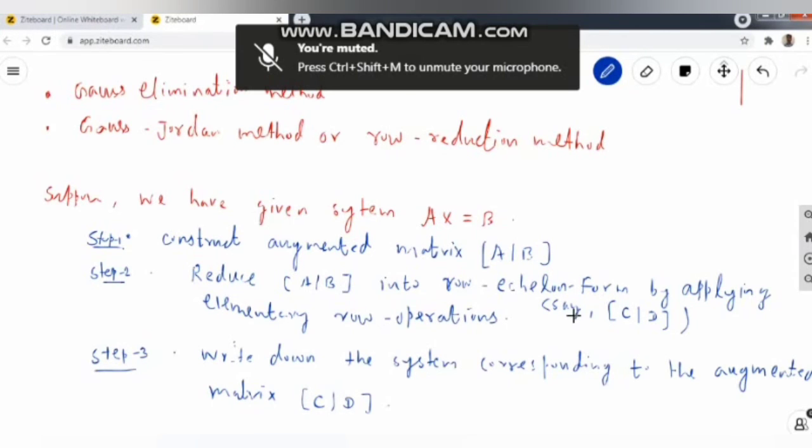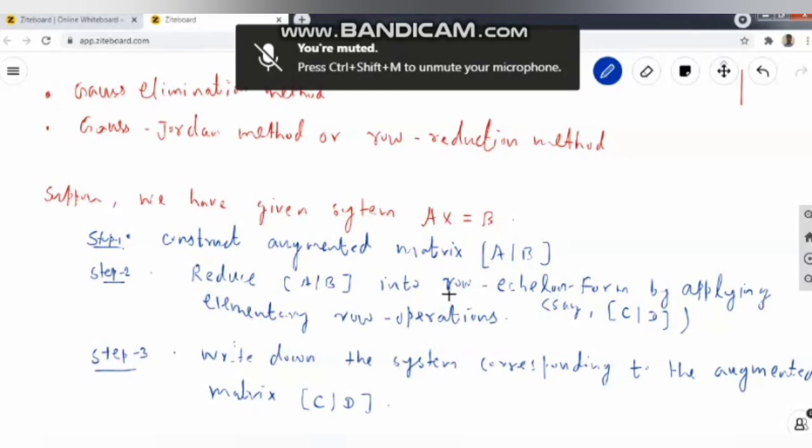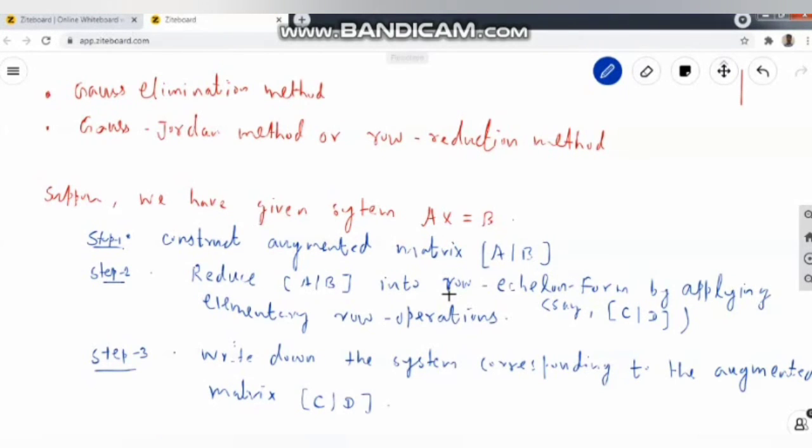Suppose that row echelon matrix is C augmentation bar D. Then you need to write the corresponding system of linear equations, which is the row echelon form of the given augmenting matrix A augmentation bar B. Because of the previous theorem, since we are only applying elementary row operations, whatever row echelon form we obtain will be row equivalent to the given matrix.